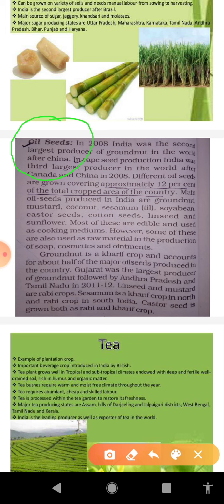Now let us discuss some of the important oilseeds and also their geographical requirements. We will start from groundnut. It needs high temperature of about 25 degrees Celsius and moderate rainfall of about 75 centimeter.